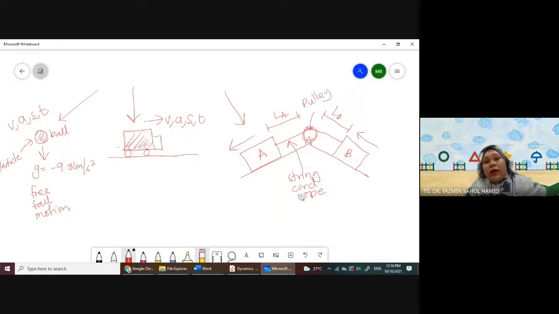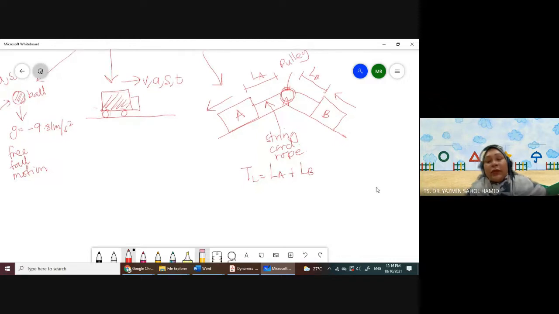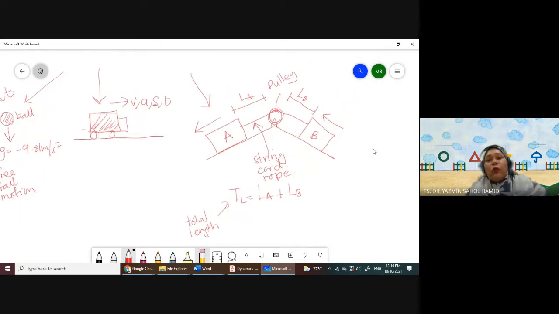The total length of the string will be LA plus LB. This is another type of question that we sometimes need to deal with. For this type of question, the length of the cable will be the same throughout.